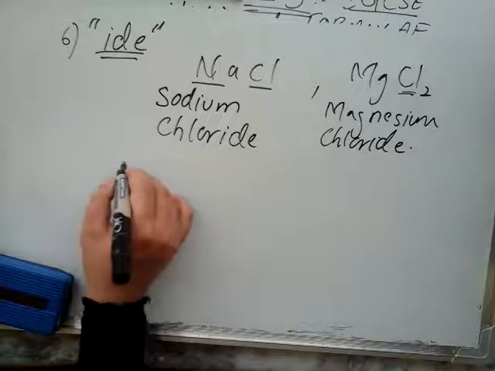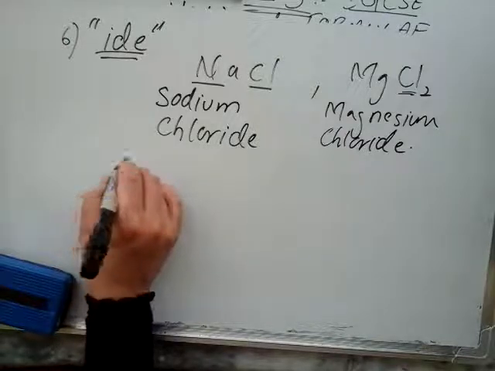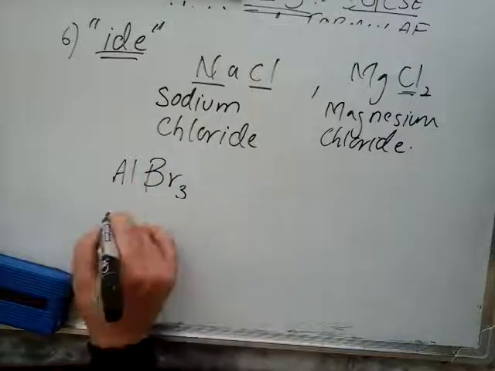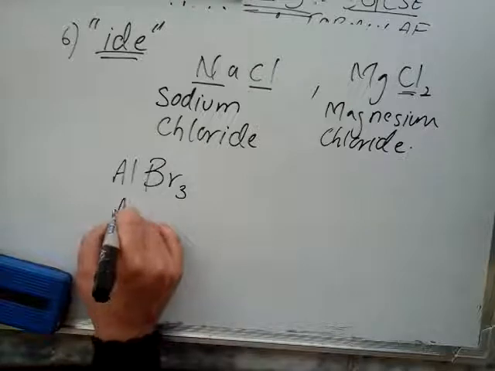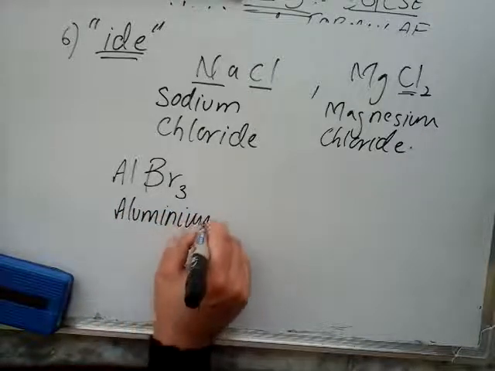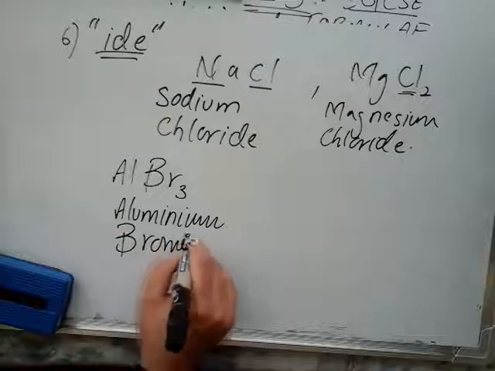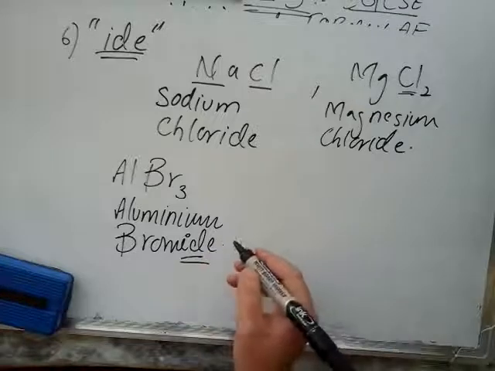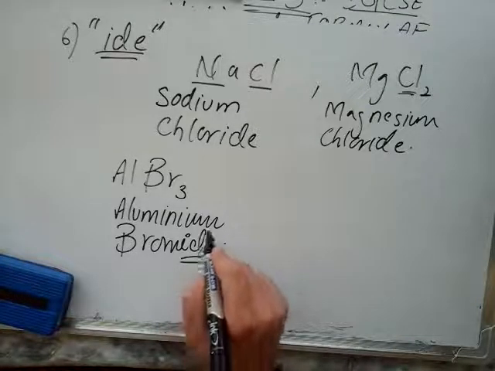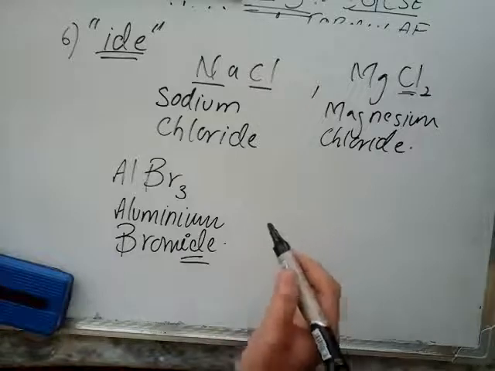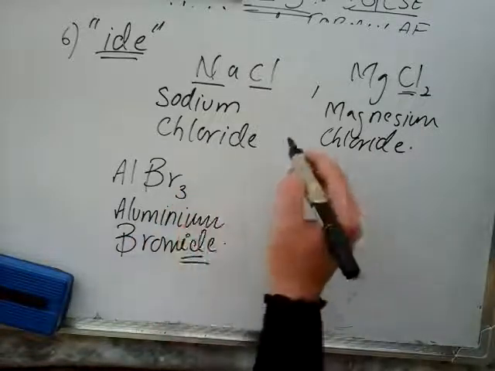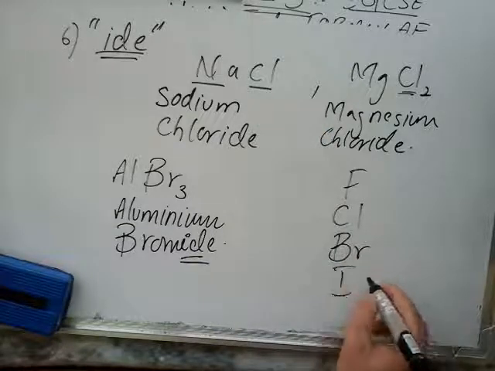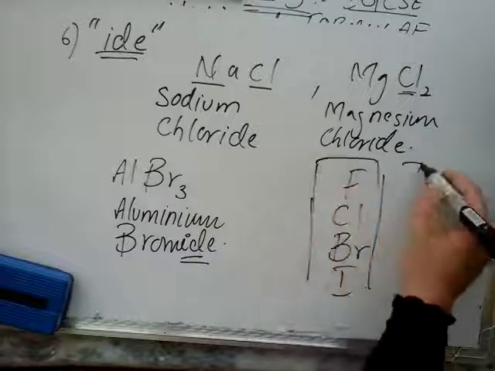For example, aluminium bromide. This 'ide' is being used as a suffix at the end of the names of compounds. And keep in mind that fluorine, chlorine, bromine, iodine, this group is called the 7A group in your periodic table.